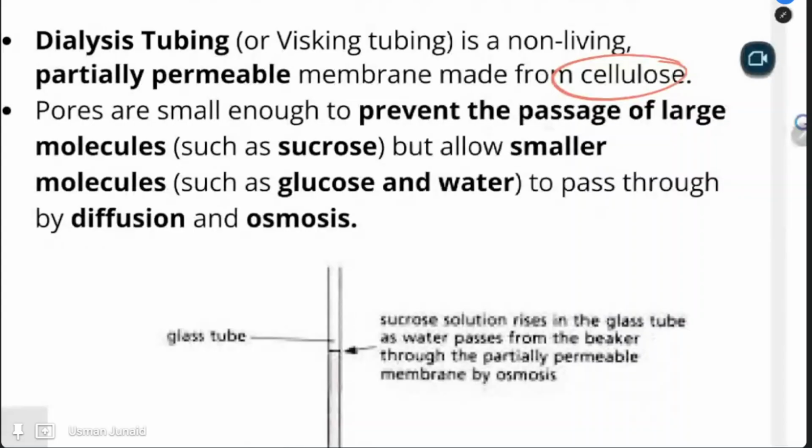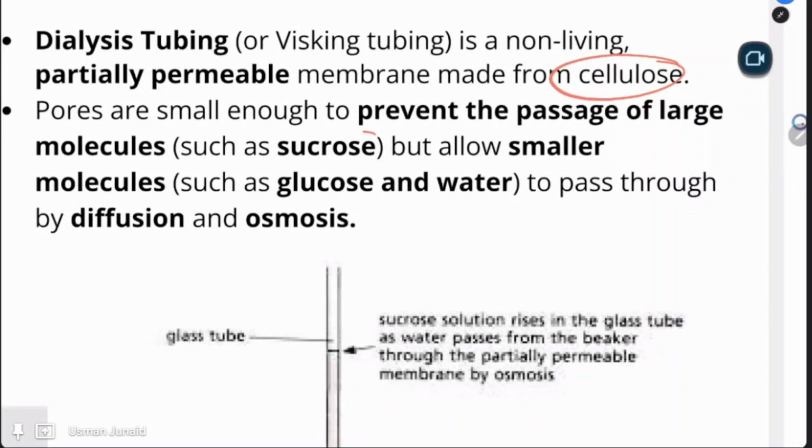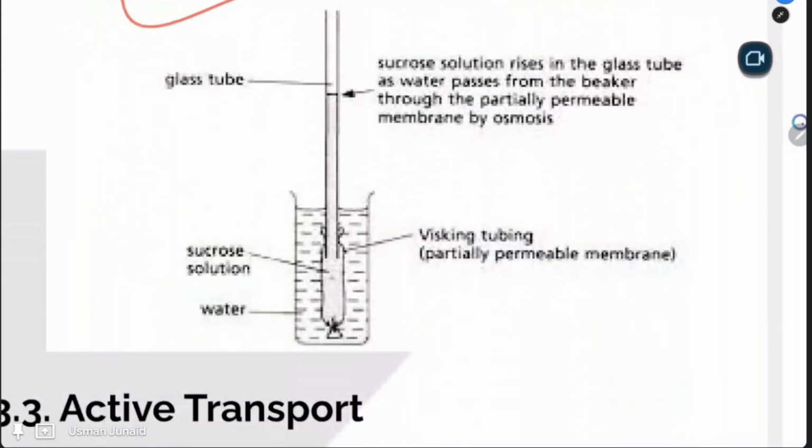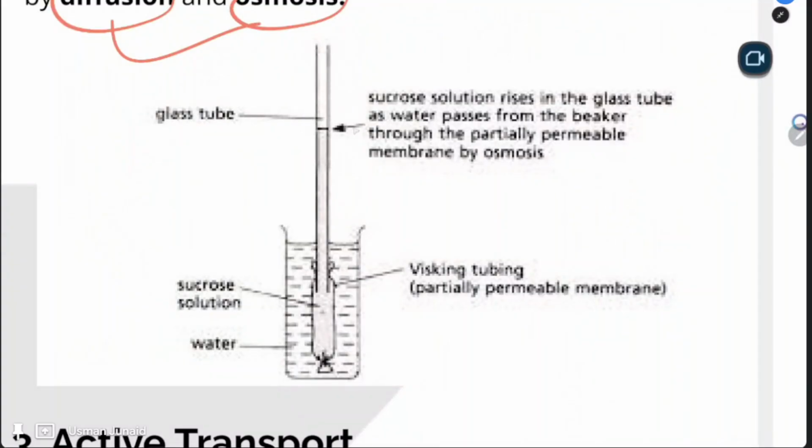So pores are small enough to prevent the passage of large molecules, for example sucrose, but allow smaller molecules such as glucose and water to pass through diffusion and osmosis. Through these processes, we have the removal of water and glucose, but sucrose is left behind. So this is your sucrose solution.